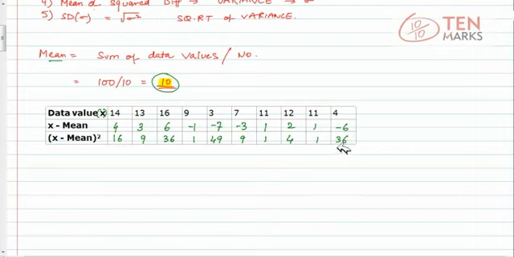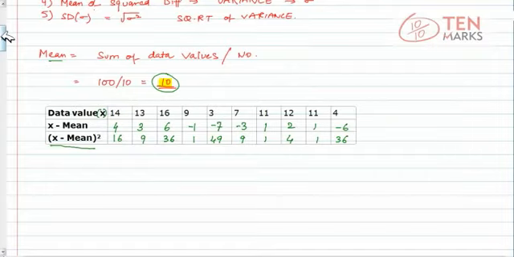These are all pretty easy squares because these are small numbers. In case the numbers are larger, you might want to calculate them separately on a piece of paper or use a calculator. These were simple, so I've done them mentally. This row represents the square of the differences between each data value and the mean.